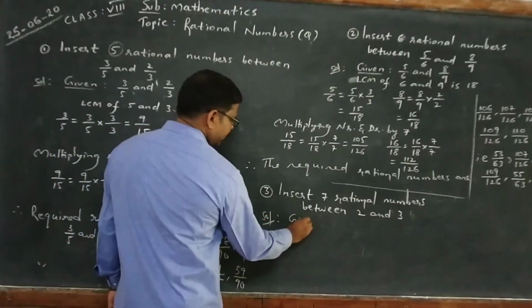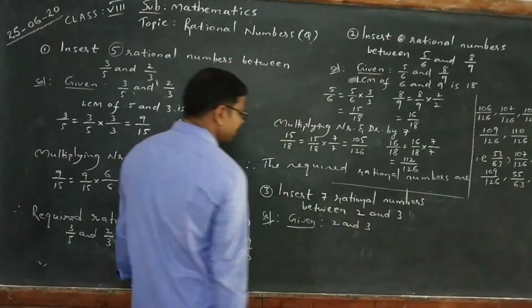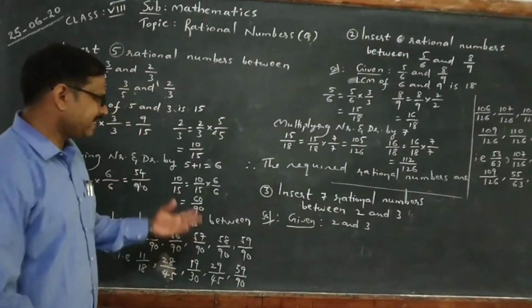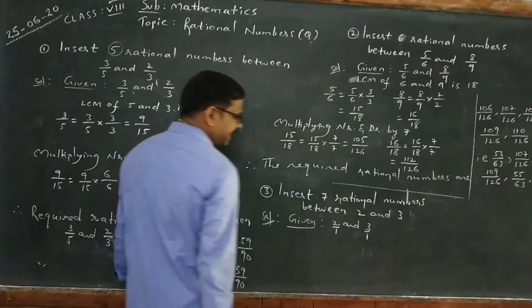Now you are given here only 2 and 3. How many do we have to insert? 7 rational numbers. Since 2 by 1, 3 by 1 I can write.